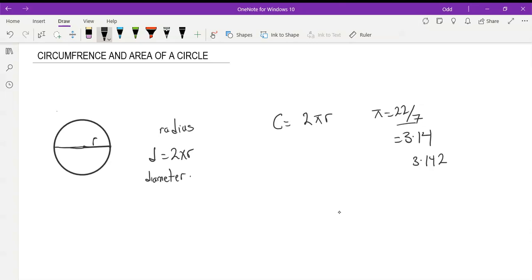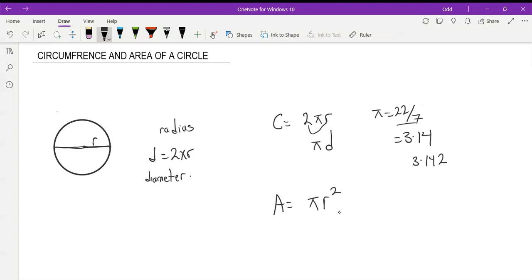We can also say the circumference is pi d, because the diameter is 2 times r. So the circumference is 2 pi r or pi d. And the area of a circle is pi r squared.